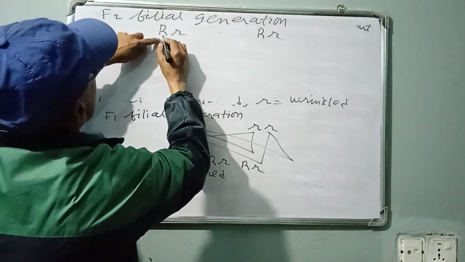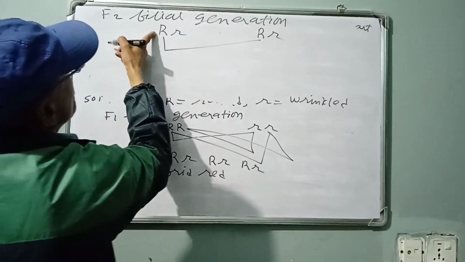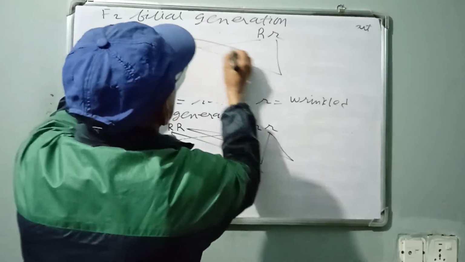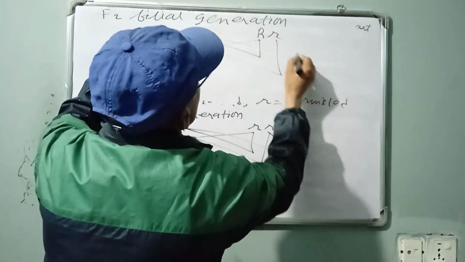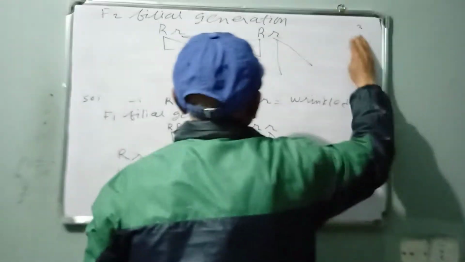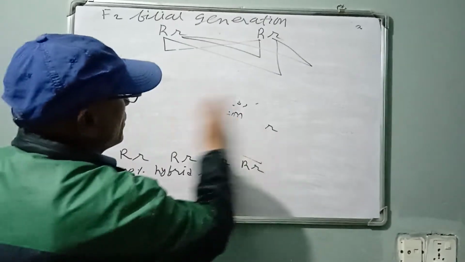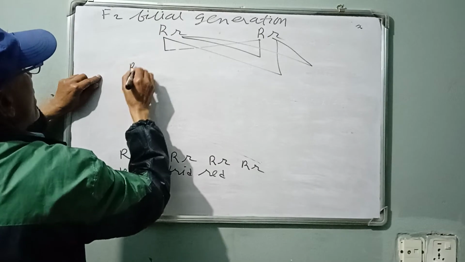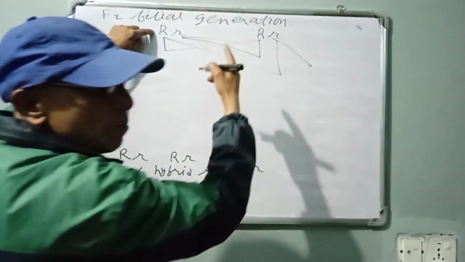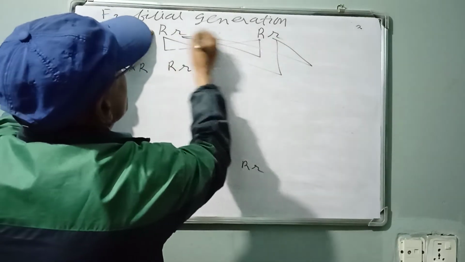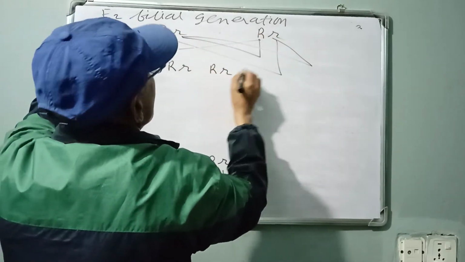So first of all, take this first and first, this first and the second, the second and this one. How to write? Draw it just like algebra multiplication. You can easily write. Capital R, pure red, and this small r.